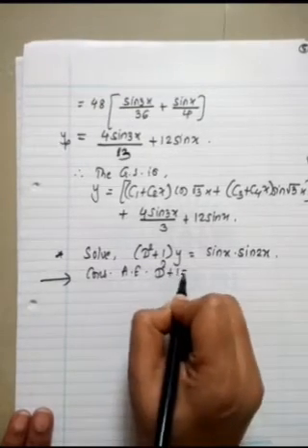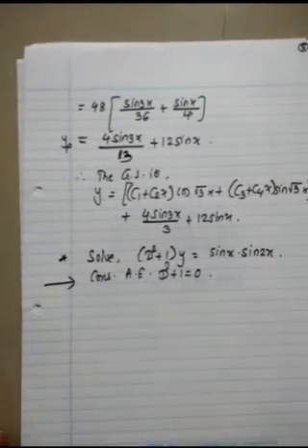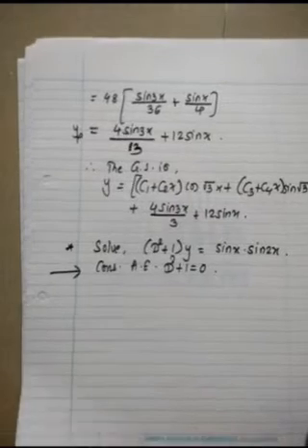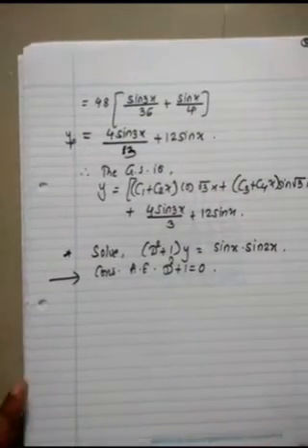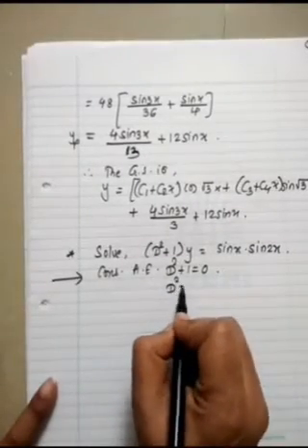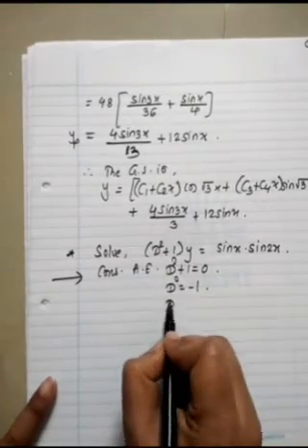D square plus 1 is 0. So in your calculator put a is 1, b is 0 and c is 1 and take your root. Or simply d square is equal to minus 1.